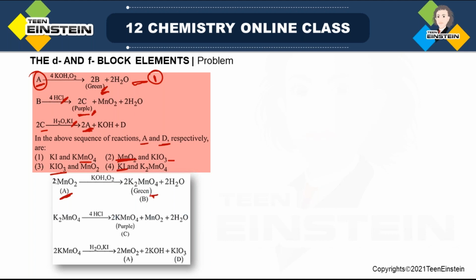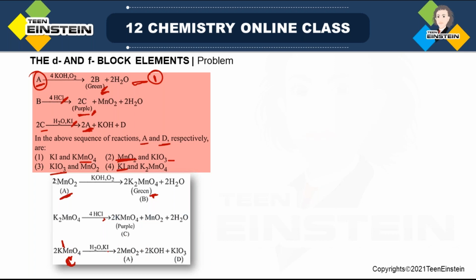we are getting green colored K2MnO4, which is potassium manganate. Now this potassium manganate in presence of HCl is converted to purple colored KMnO4. And this purple color KMnO4, which is C, will now be converted to MnO2.